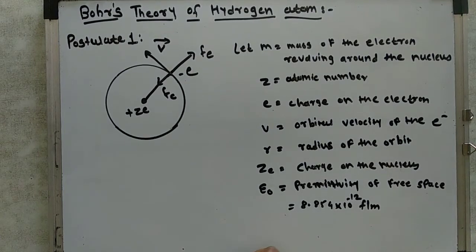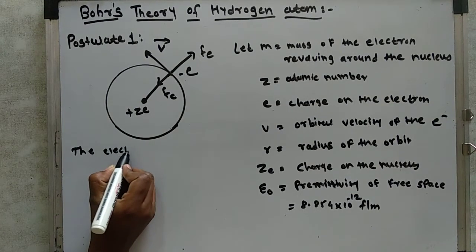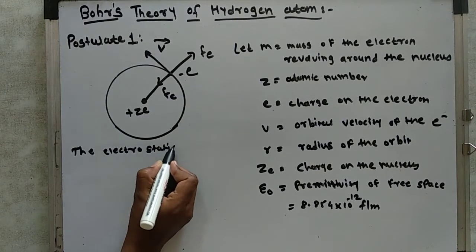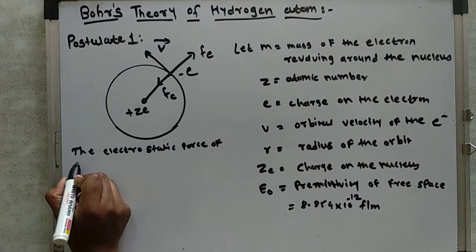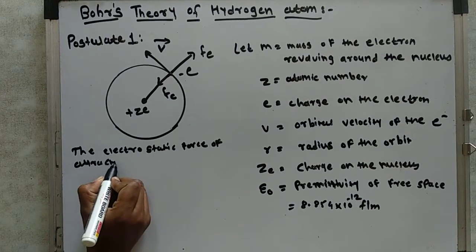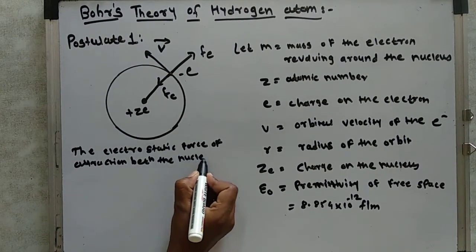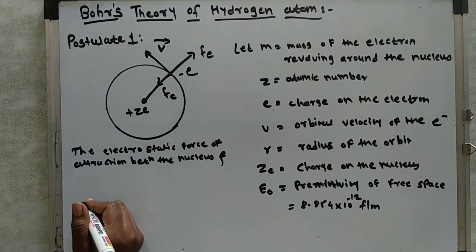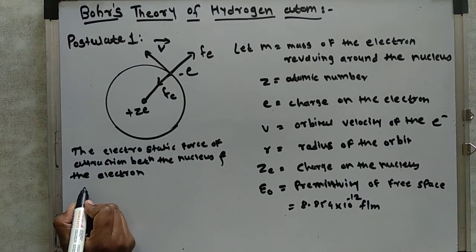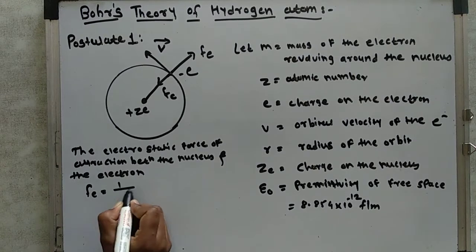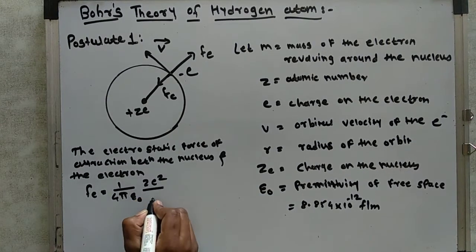The electrostatic force of attraction between the nucleus and the electron is Fe is equal to 1 upon 4 pi epsilon naught, Ze square upon r square.